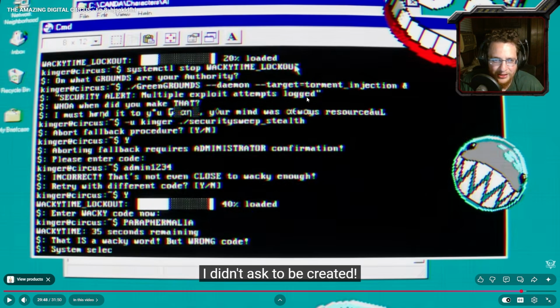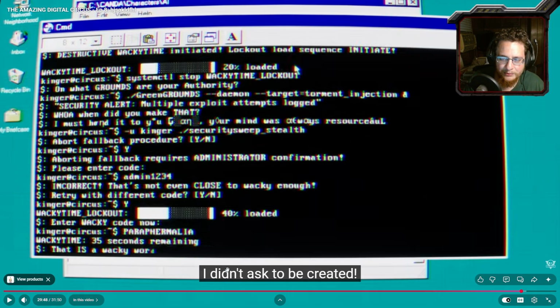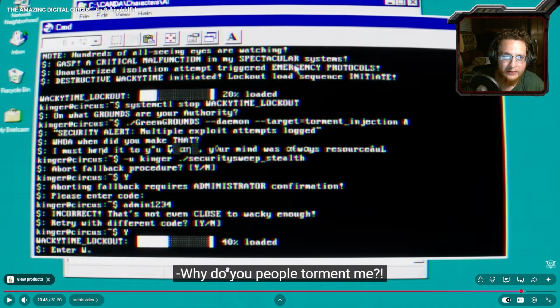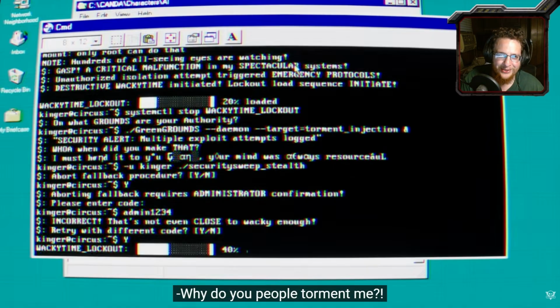So here's kind of the interesting thing. I'll make sure I'm not skipping over anything too important here. Okay, so no, hundreds of all-seeing eyes are watching. That's also a pretty funny reference to earlier about Kane.